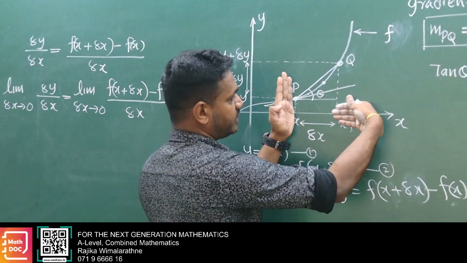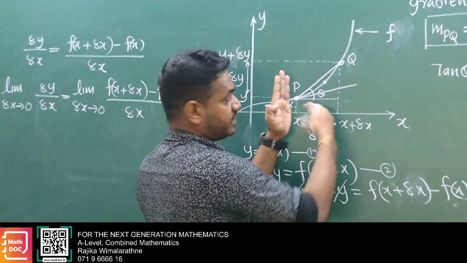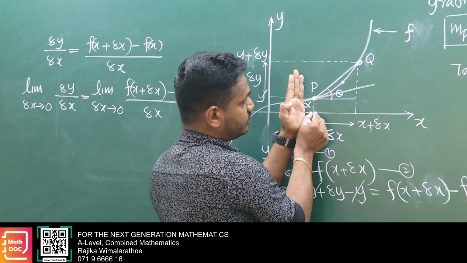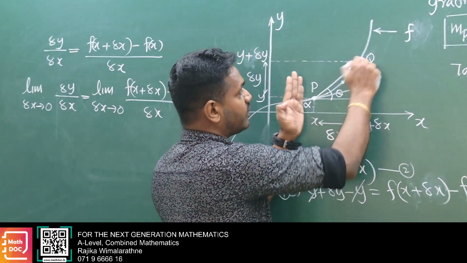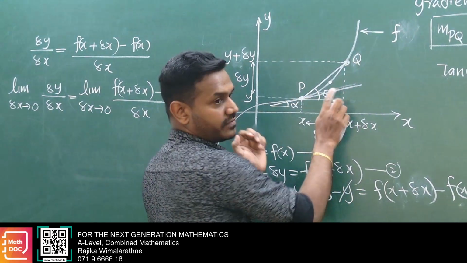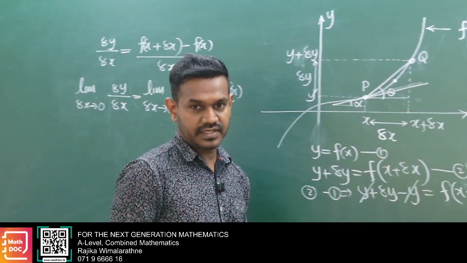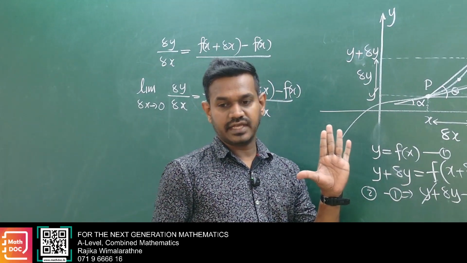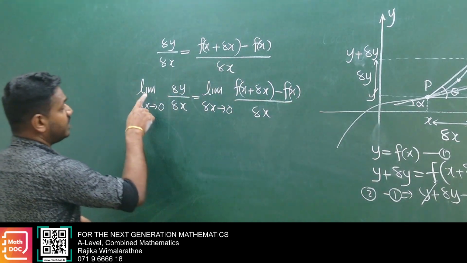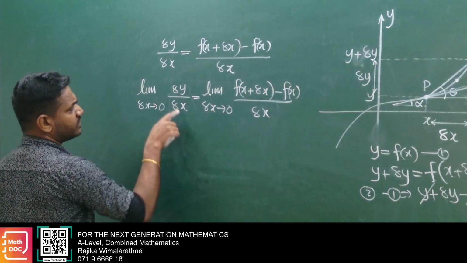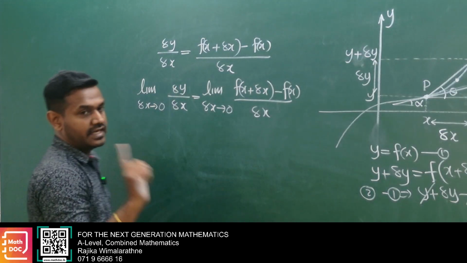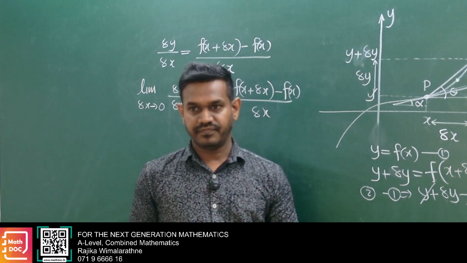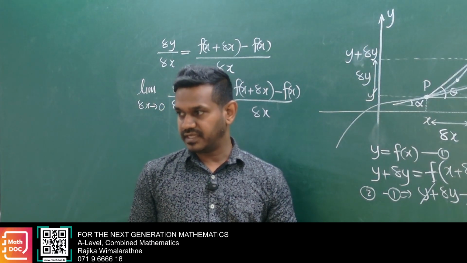This point goes towards this point. When delta x goes to 0, Q gets close to P, no? Then the chord PQ will become the tangent drawn at P. So the limit as delta x goes to 0 of delta y over delta x is the gradient of the tangent drawn at P.